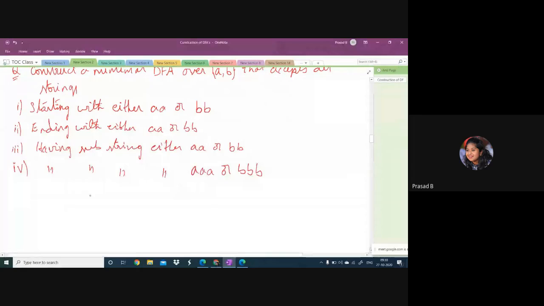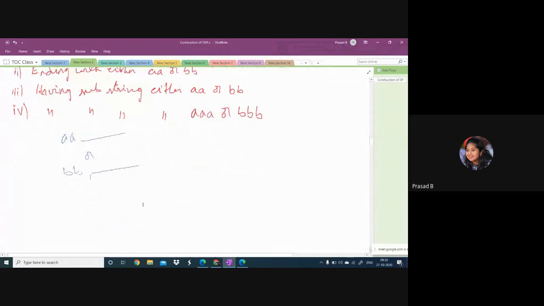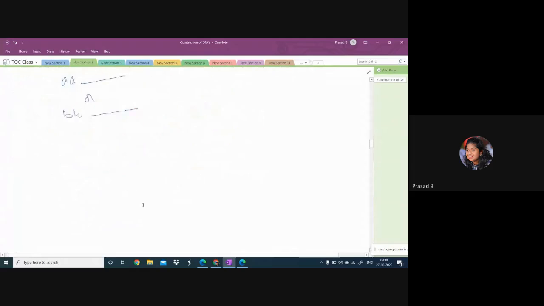Starting with AA or BB, so here the smallest strings are AA and BB. So accept first AA.